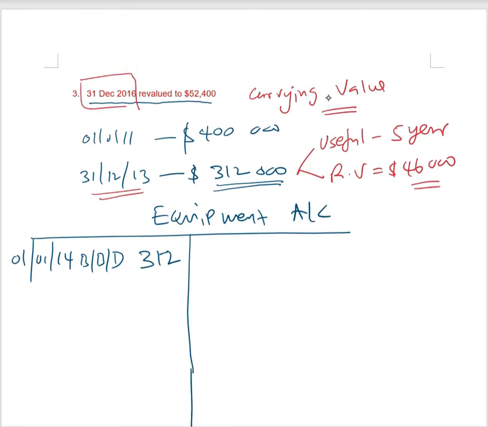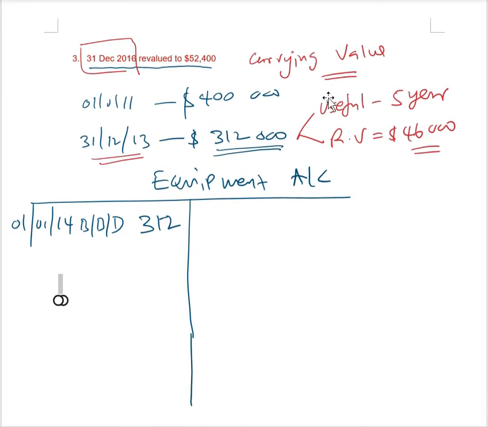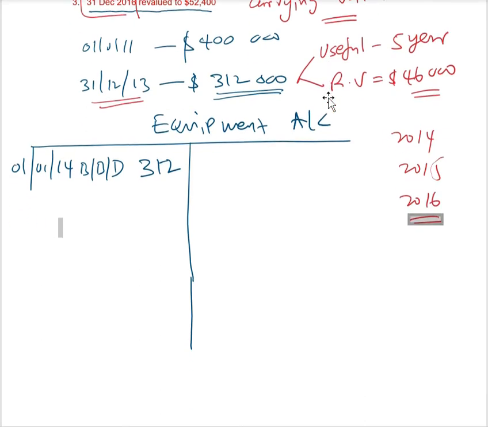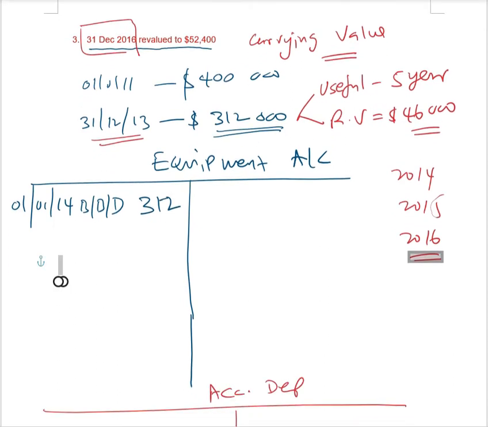So therefore let's provide the depreciation, identify the carrying value as on 31st December 2016. So we need to provide depreciation for 3 years. So that will be 2014, 2015 and 2016. So let's do the calculation. So let's record the depreciation for 2014, 15 and 16.